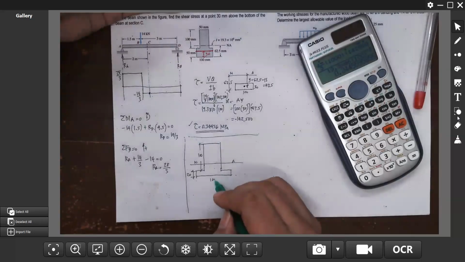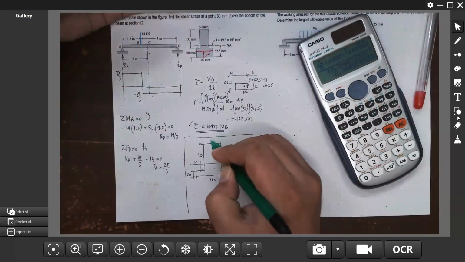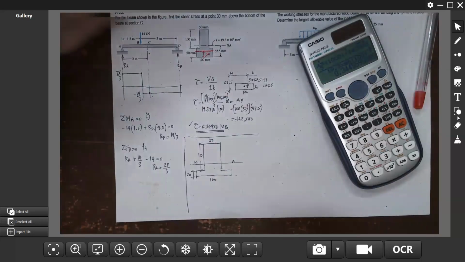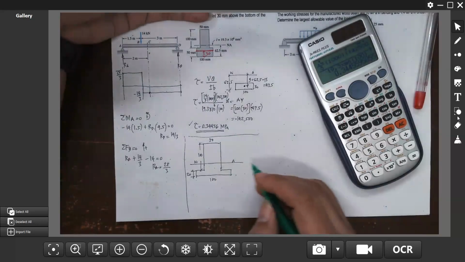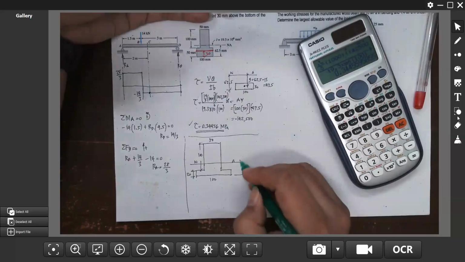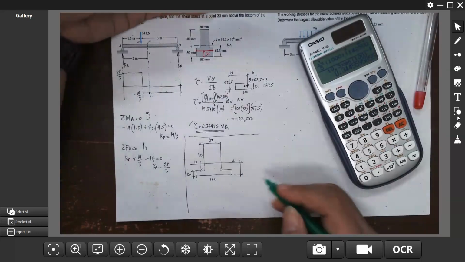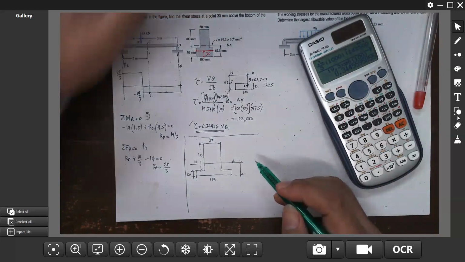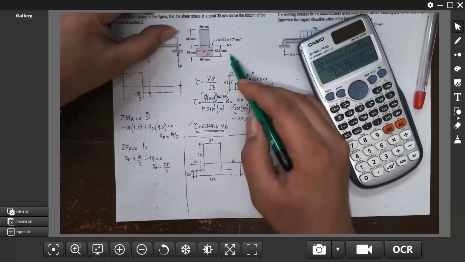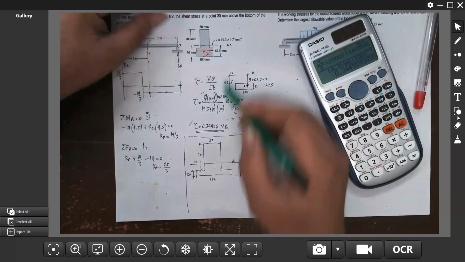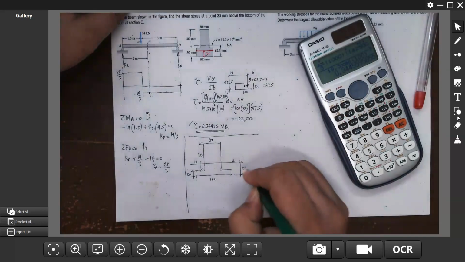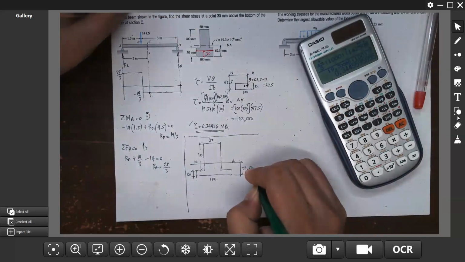And this is 100 and 30, 50. Okay. So, how much is it? That's 62.5 minus 30, right? 62.5 minus 30 is 32.5.